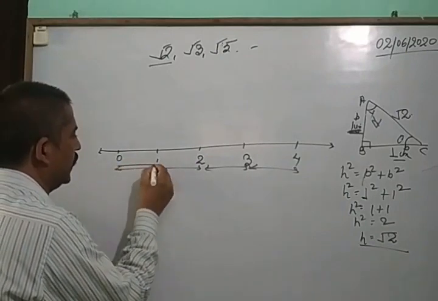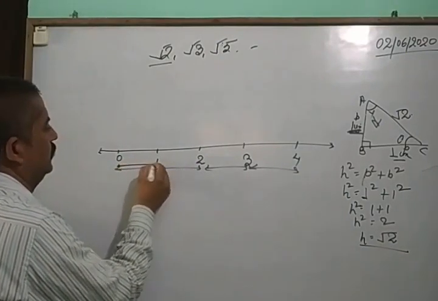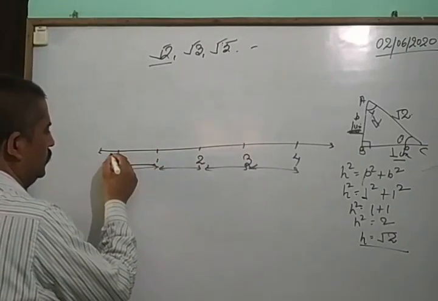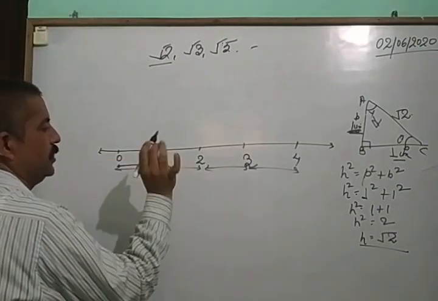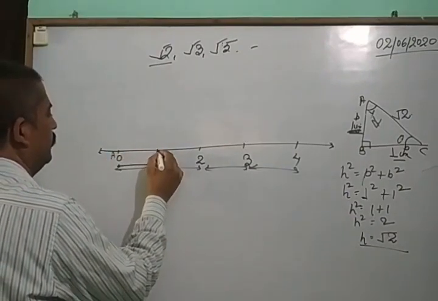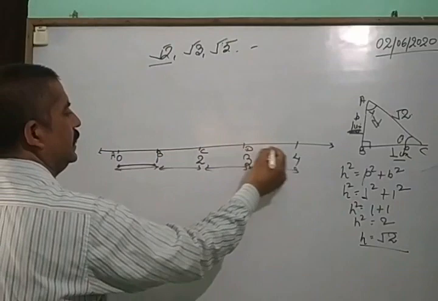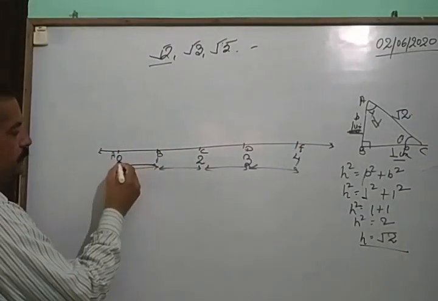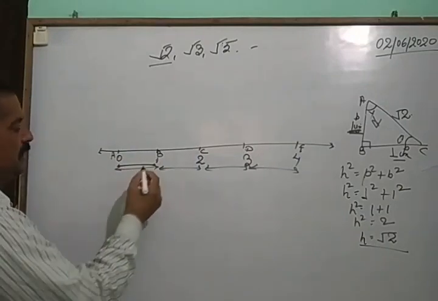So we use the 1 unit and mark 0, 1, 2, 3, 4. You can also label them A, B, C, D, E. So 0 and 1 is the 1 unit.